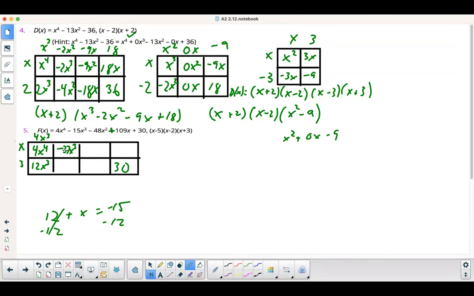So you add these up, we get negative 15. Okay, so that would have to be a negative 27x squared, negative 9x squared. These have to add up to negative 48. So negative 9 plus what equals negative 48? If you're not sure, just write it out. So that'd be negative 39.